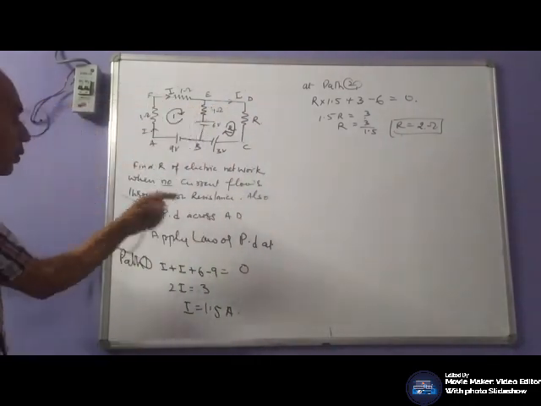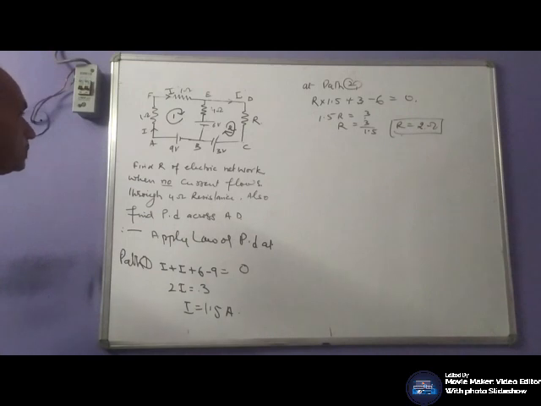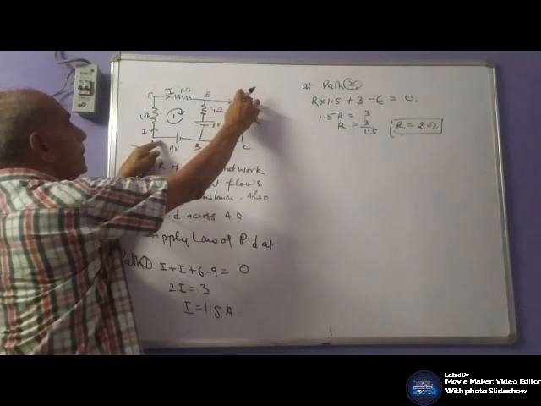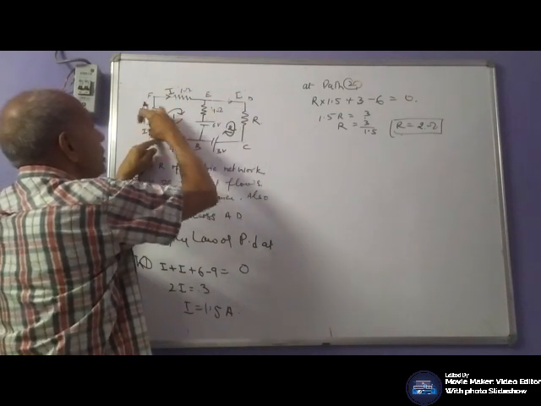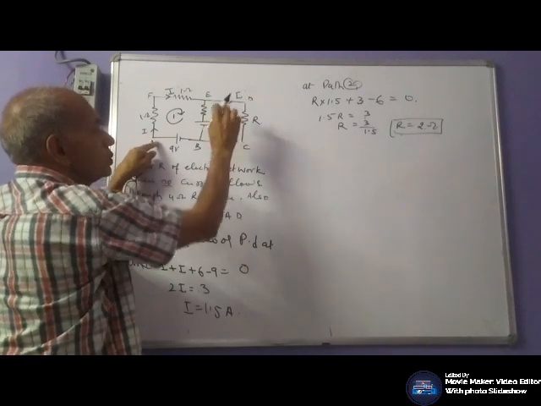Now find potential difference across AD. AD resistance 2. Yeah, here is 0. Total resistance here to here is 2.